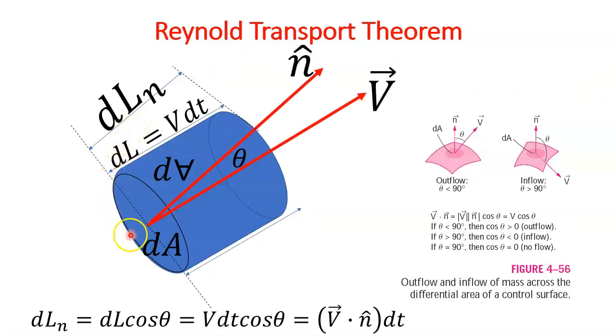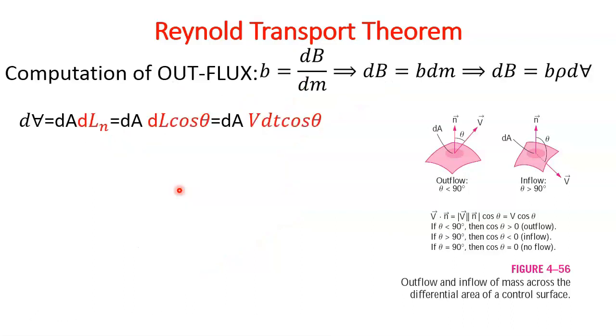So dA multiplied by dl will represent the volume of the cylinder, which we have expressed here as dV. Now dV equal to dA into dln is equal to dA dl cos theta equal to dA V dt cos theta.